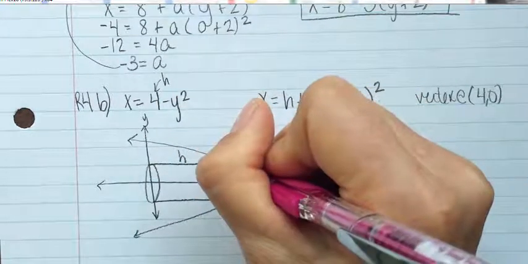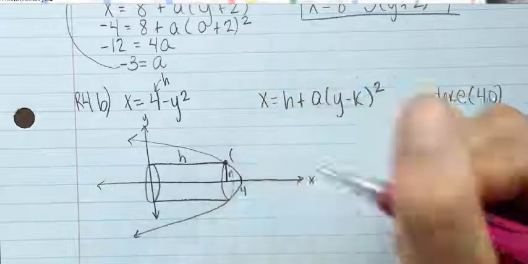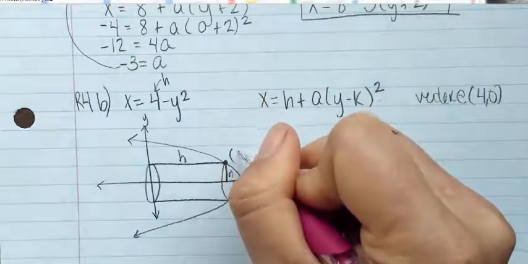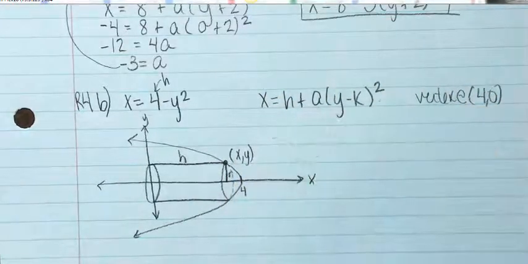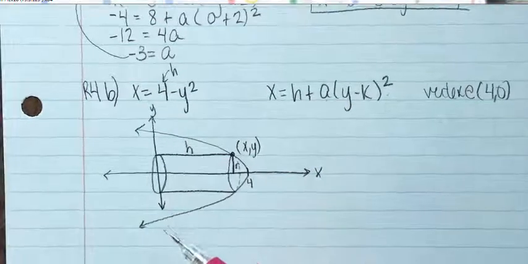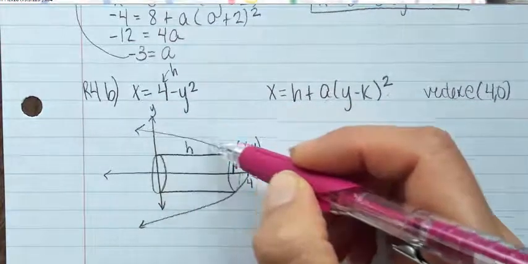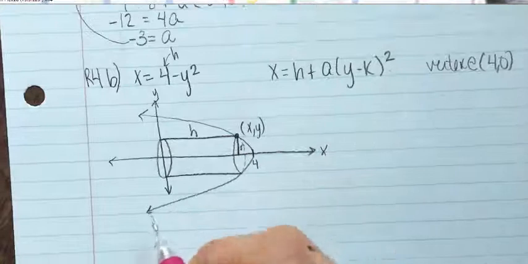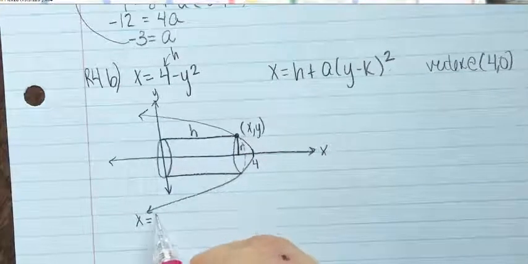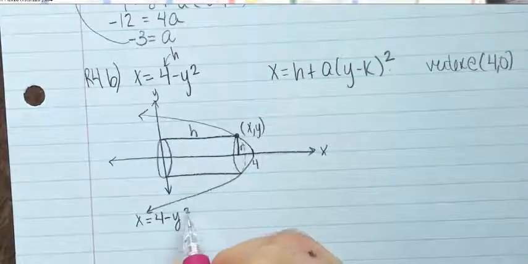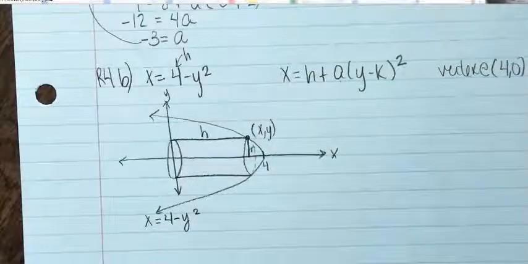On this point here, I've got some point on this inscribed cylinder, (x, y), and I know the equation of this paraboloid, I'll write it down here, is x equals 4 minus y squared.